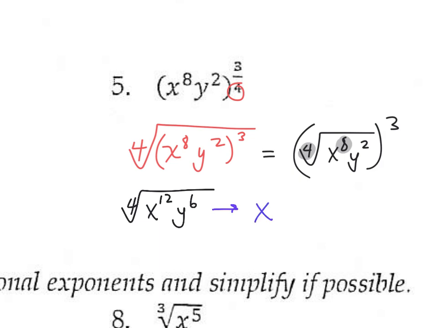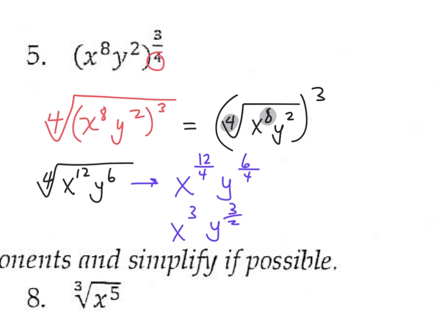We'll have x to the 12 fourths, or x to the third power, and y to the 6 fourths, or y to the 3 halves. From there, we can simplify this all the way down to x cubed y. And because we have a leftover 3 halves, we also have the square root of y.